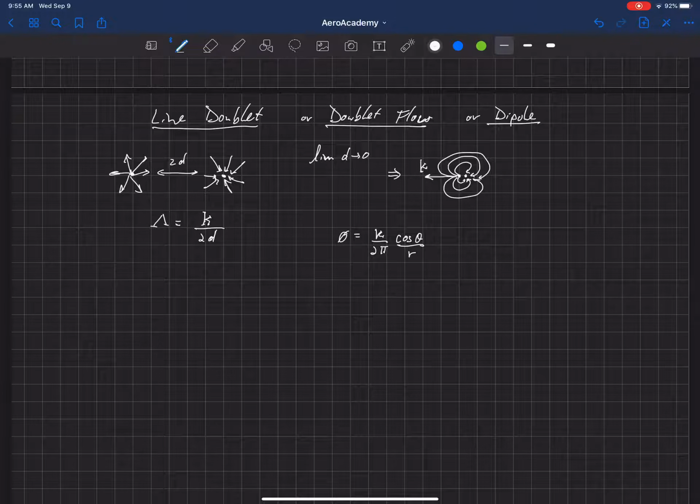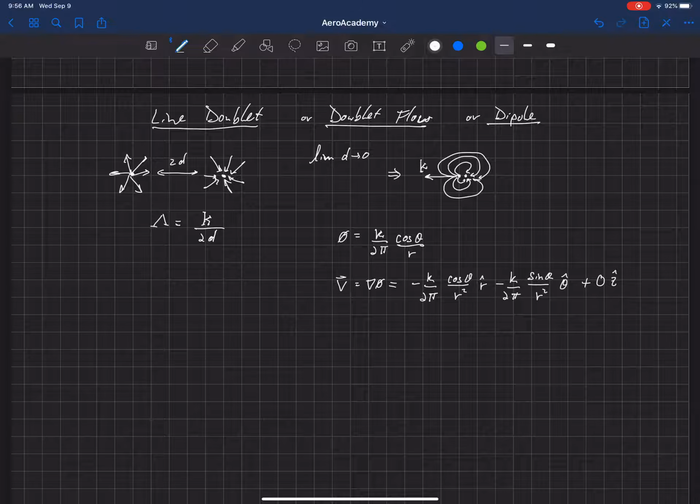And if we take the gradient of that to get the velocity vector, we get minus kappa over 2 pi cosine of theta over r squared in the r hat direction, minus kappa over 2 pi sine theta over r squared in the theta hat direction, and nothing again in the z hat direction.